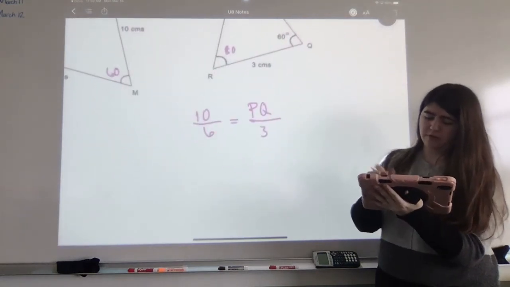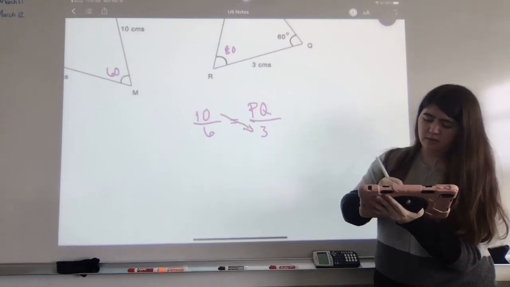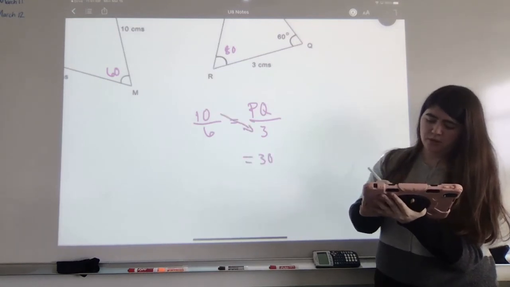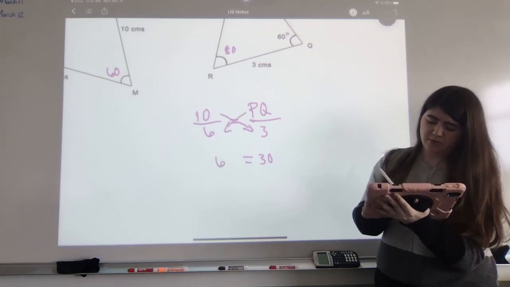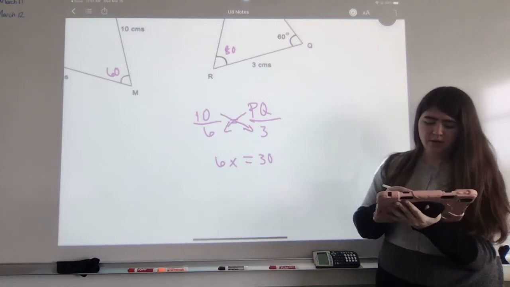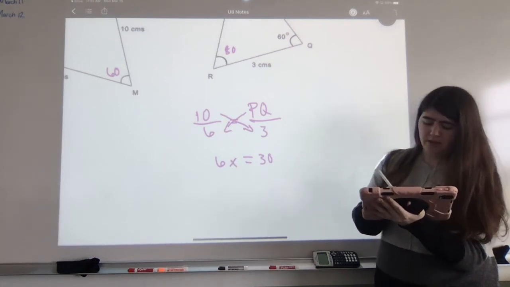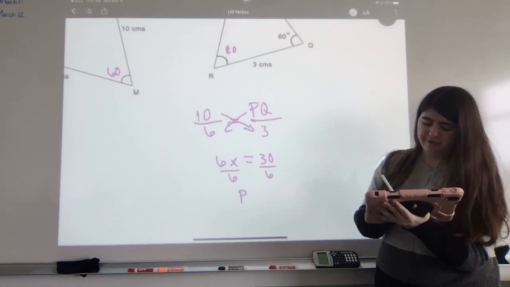Now I'm going to solve for this cross product. 10 times 3 is 30. PQ times 6 gives me 6 times PQ. PQ is just our variable, so you could use X in place if you would prefer. And I'm going to divide out that 6, which means that our missing side of PQ is equal to 5.